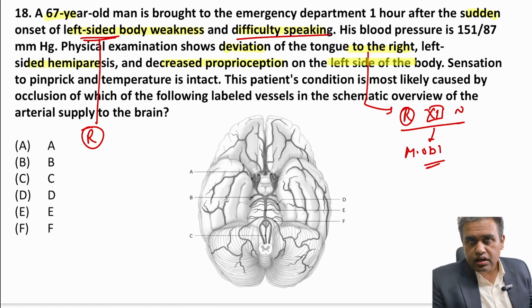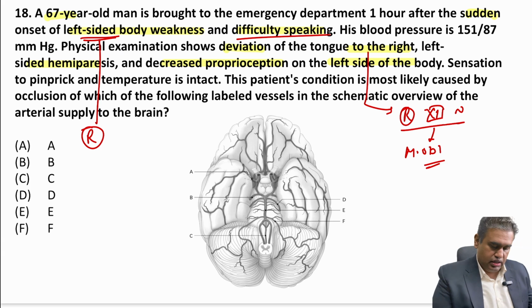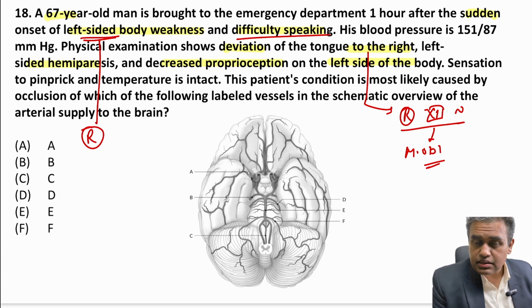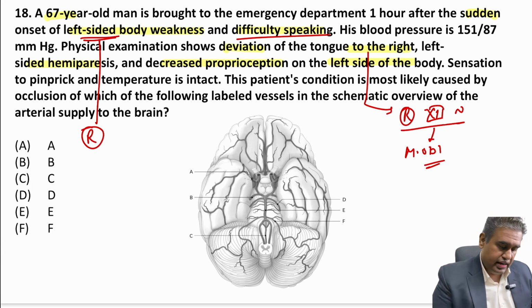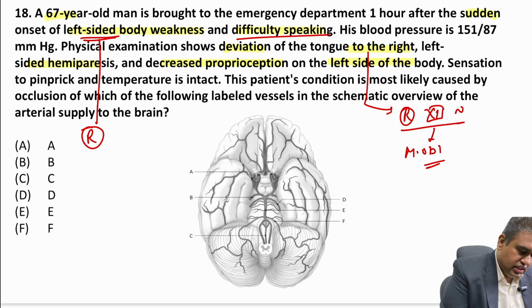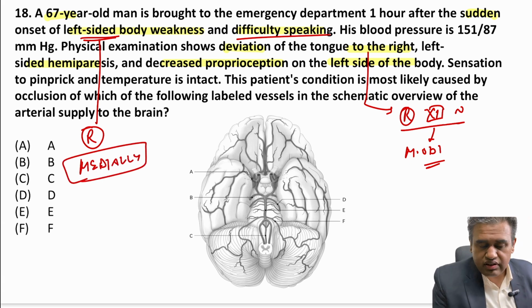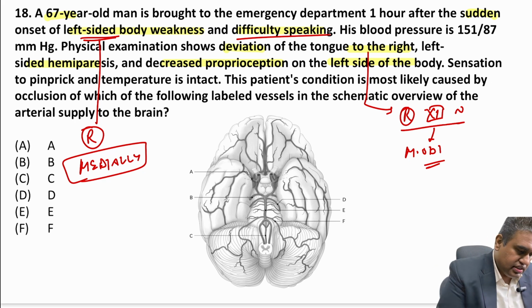Now see, if you look at the brainstem, let me tell you the structures which are more medially located. What are those? Remember that. It's very, very important. On the medial side, with the letter M over here, we have the motor nerves and the motor tract.